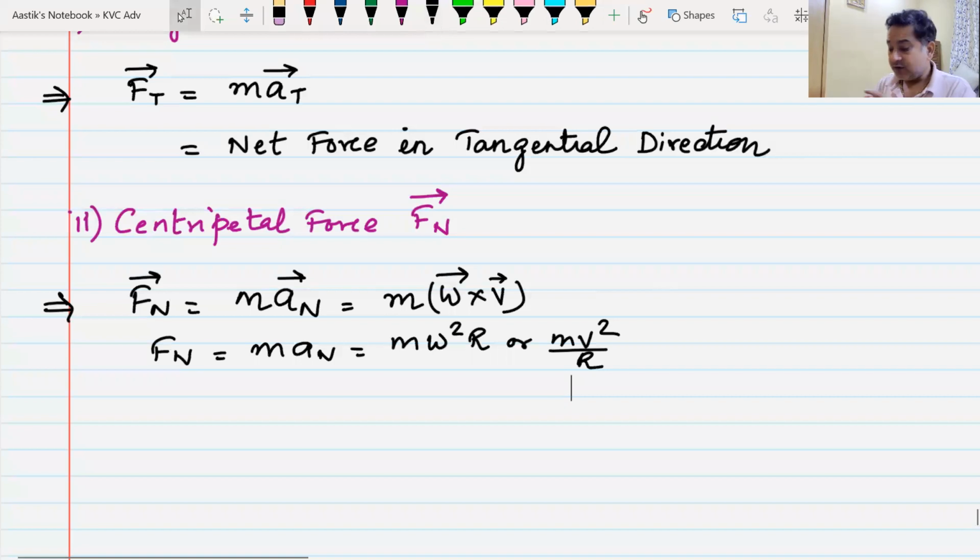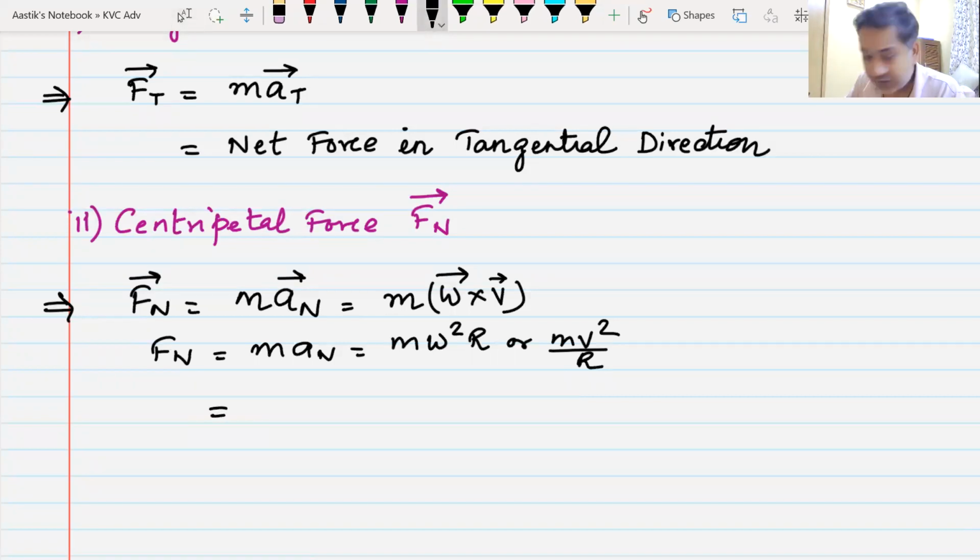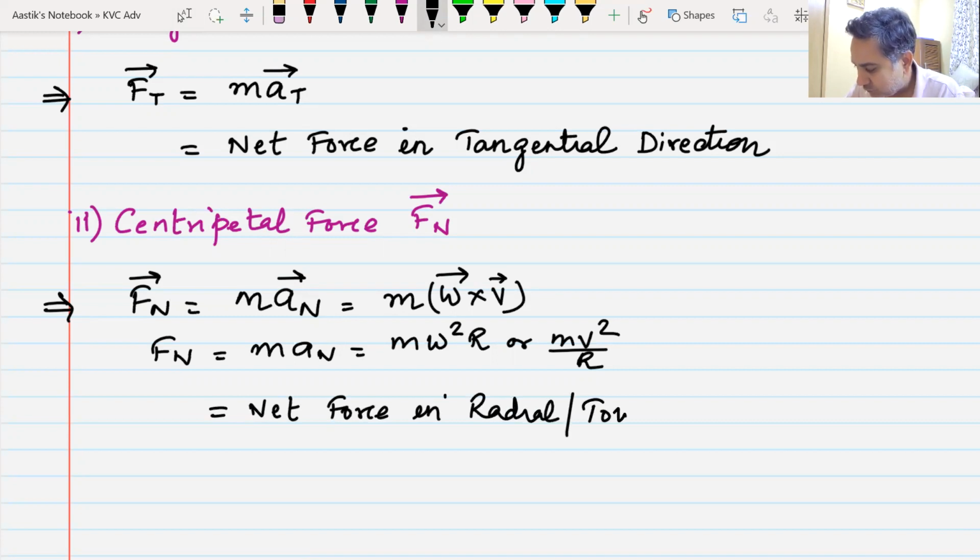The direction of this force is towards the center, so we'll write it as net force in the radial direction, or the net force towards the center. Do we understand this? So you will resolve all forces.